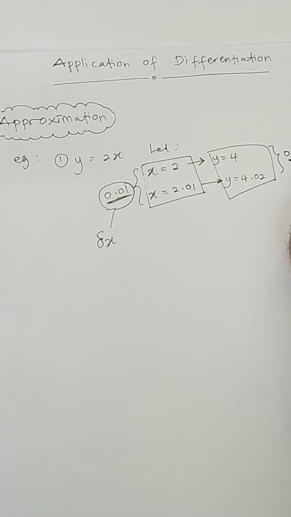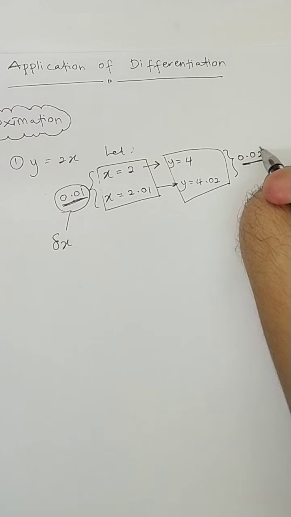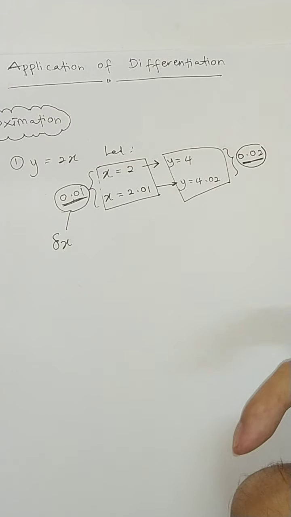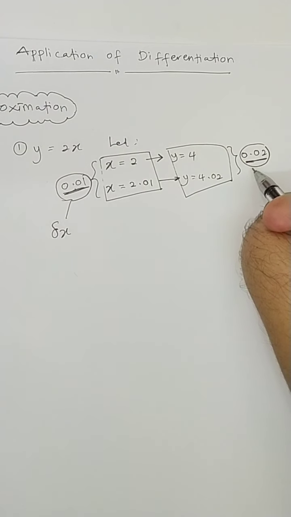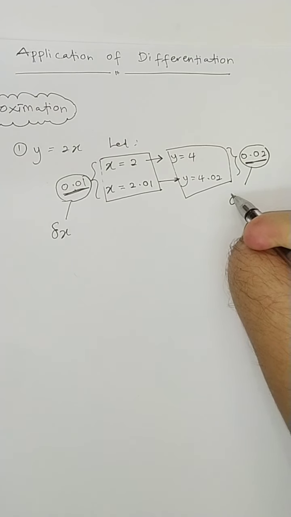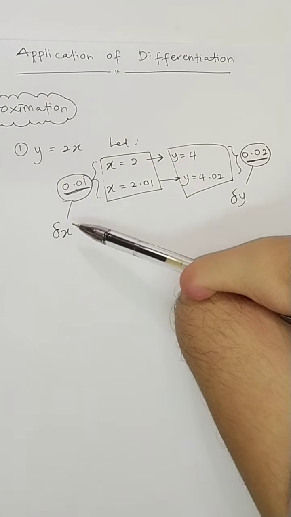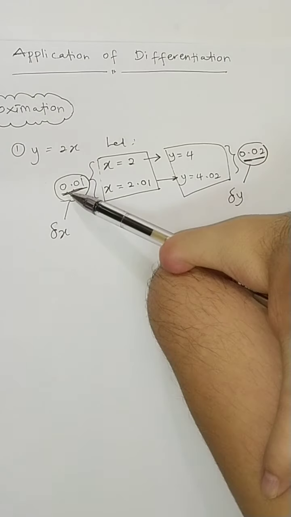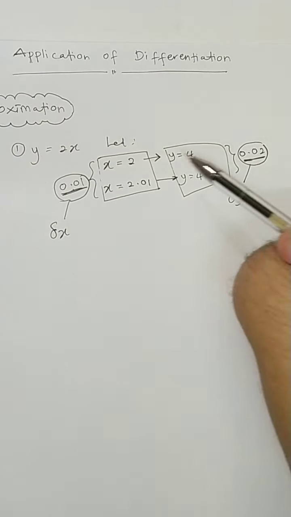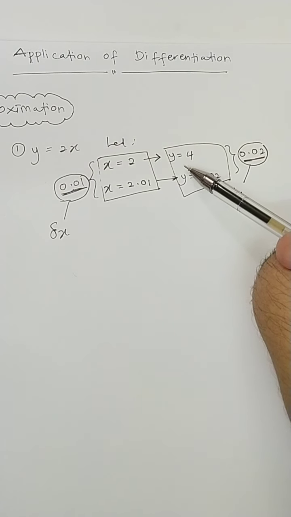This 0.02 is the small increment that happens in y. This one we call delta y. This delta x and delta y, both of them we call the approximate changes that happen in the variable x and also in the variable y.